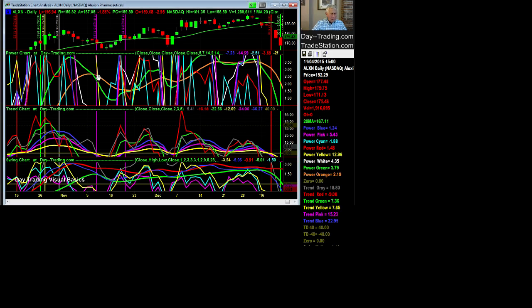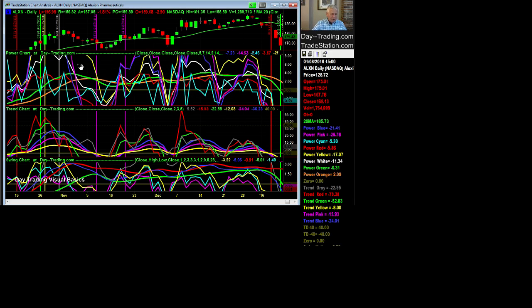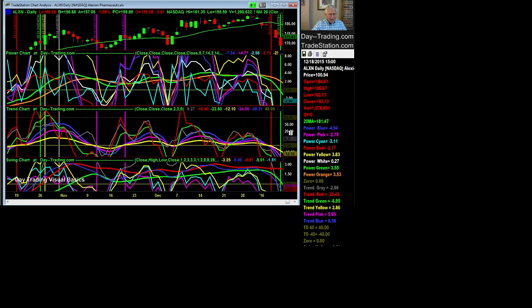And so obviously you can see that the power green and orange are much slower in making that directional move than the trend chart is. Several days in advance, the trend chart will tell you how things are going to be moving. And so it's real eye-opening to be able to look at the mixture of these three groups of trend lines on the power, trend, and swing charts.